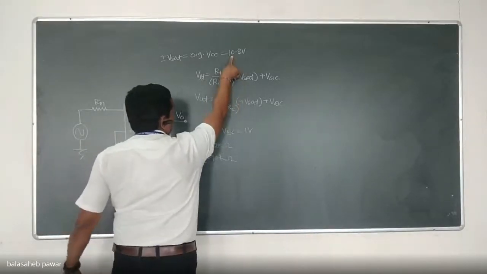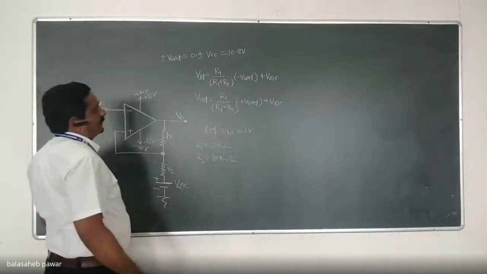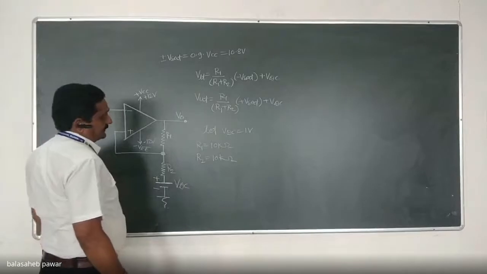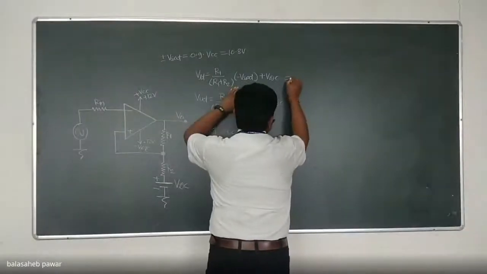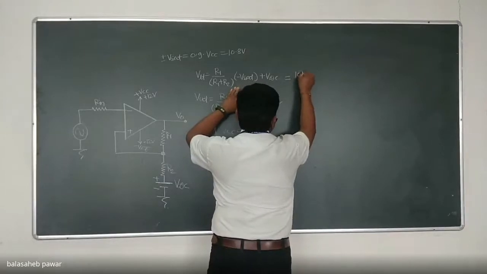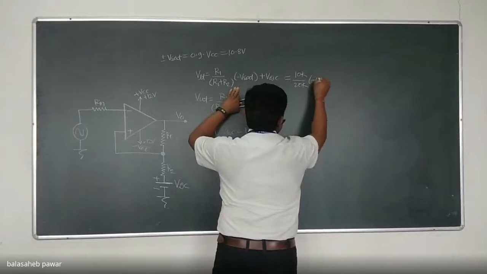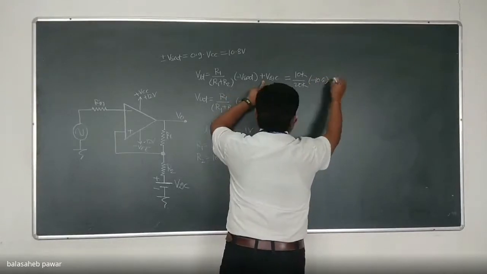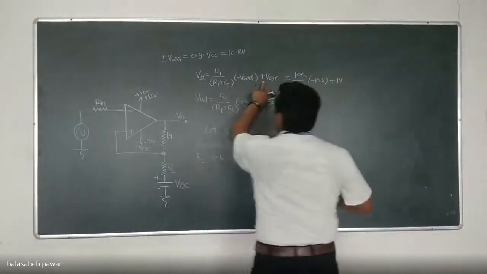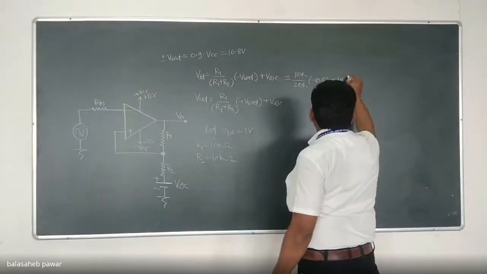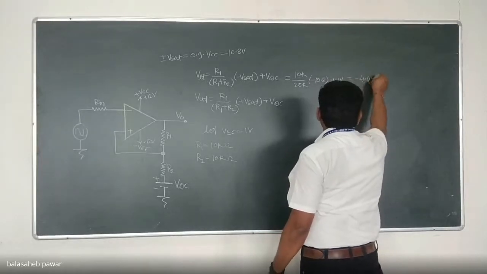Minus VSAT is 10.8, so it's half, it will be minus 5.4. That will be equal to 10K divided by 20K into minus 10.8 plus VDC. Plus VDC we taken as 1 volt. So this VLT will be minus 4.4.